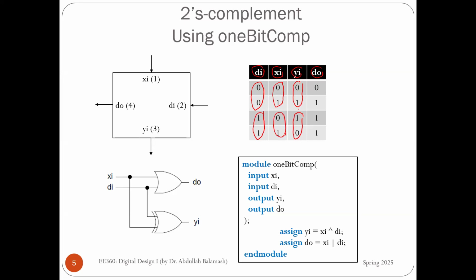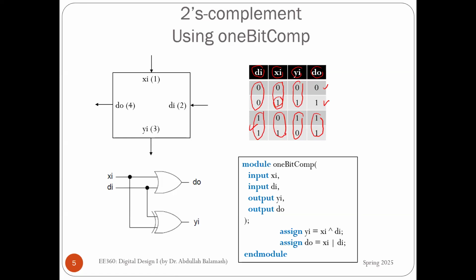If you see, now this YI is actually the XOR between DI and XI, as we did before. For the DO, if the DI is 1, DO must be 1. Or if the XI is 1, DO will be 1, otherwise it will be 0. And this is the OR operation between the DI and XI.